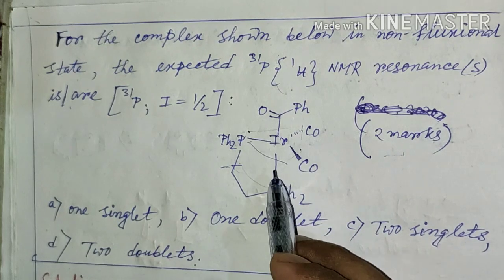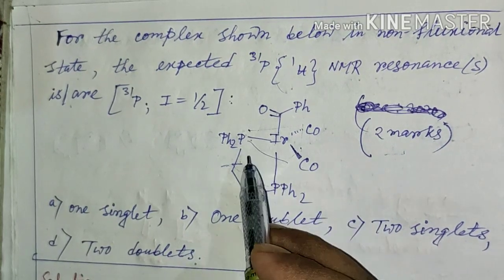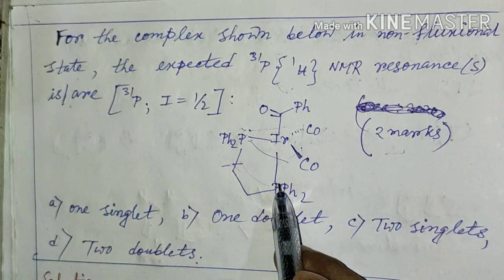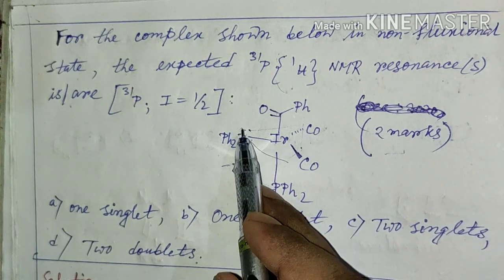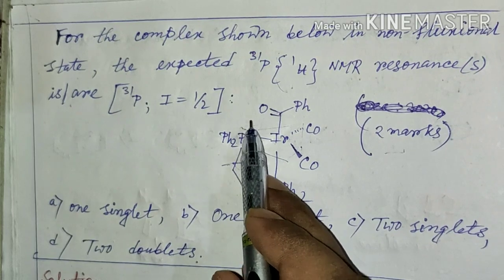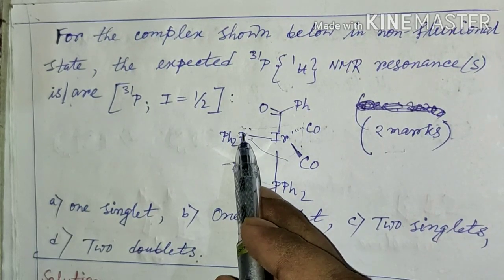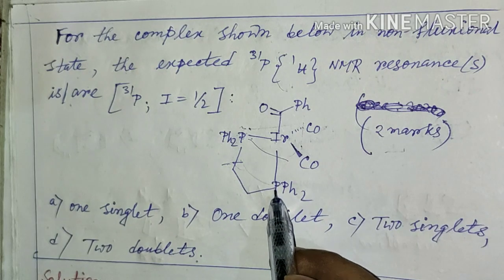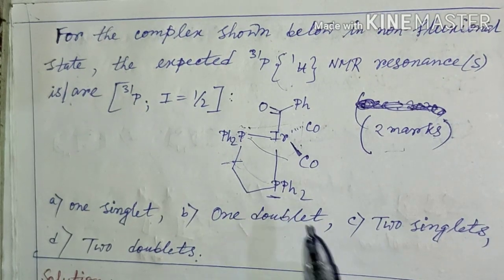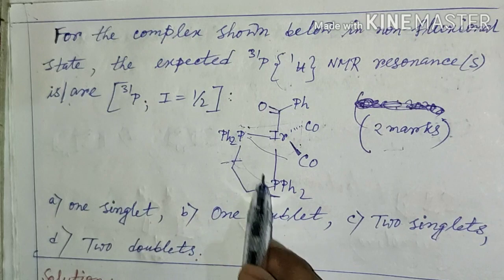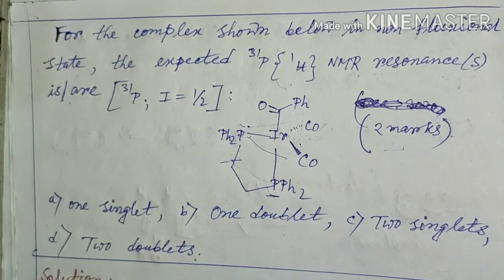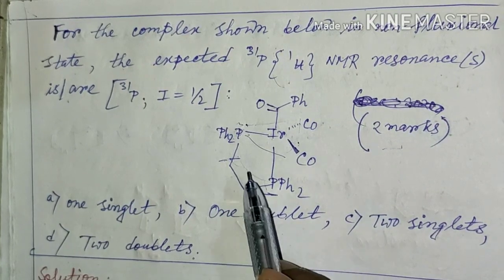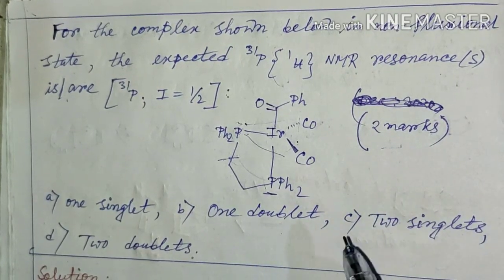Since the molecule is non-fluxional, we can say that this phosphorus nucleus and this phosphorus nucleus are non-equivalent, since the electronic environment around this nucleus is different from the electronic environment around this nucleus.